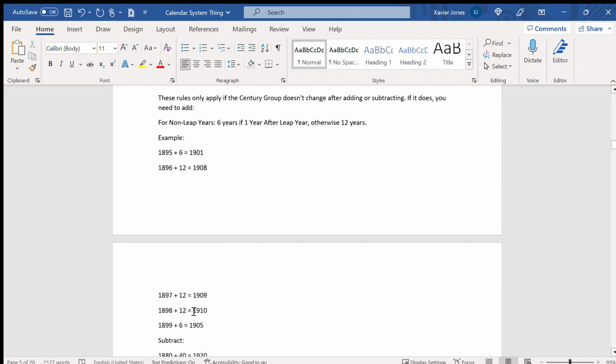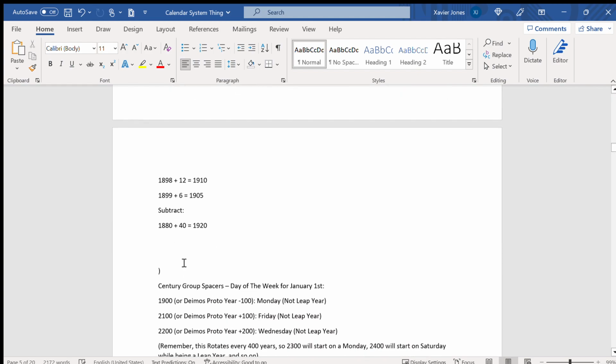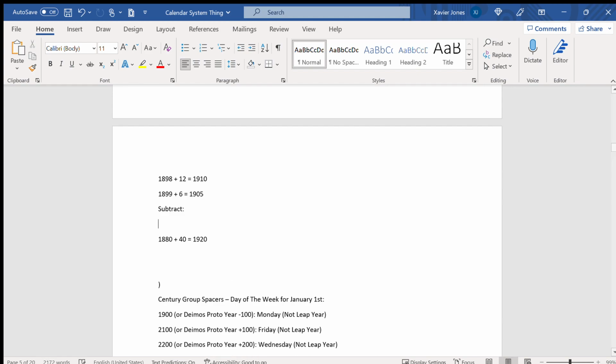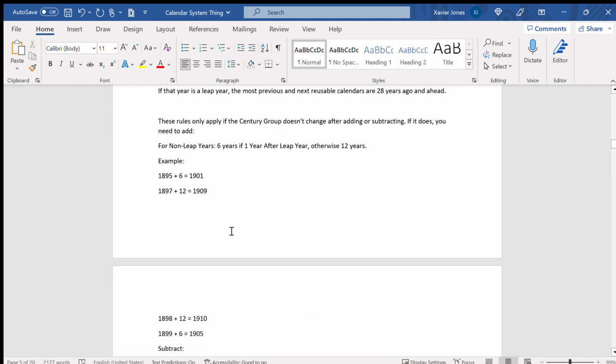Well, look at that. 1898, for non-leap years. This one is a leap year, so this doesn't belong here. 1897 plus 12. 1897 is 1 year after a leap year.